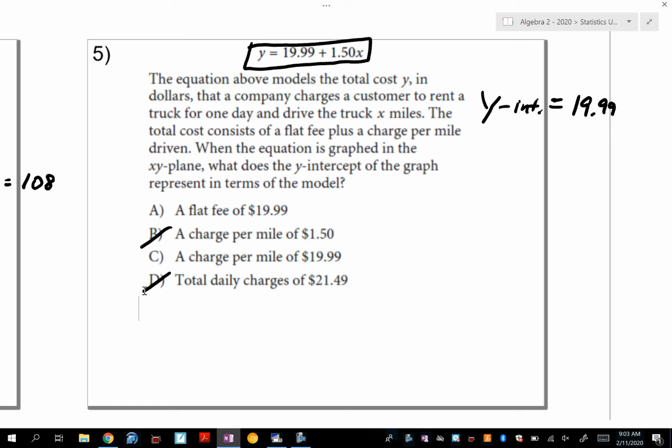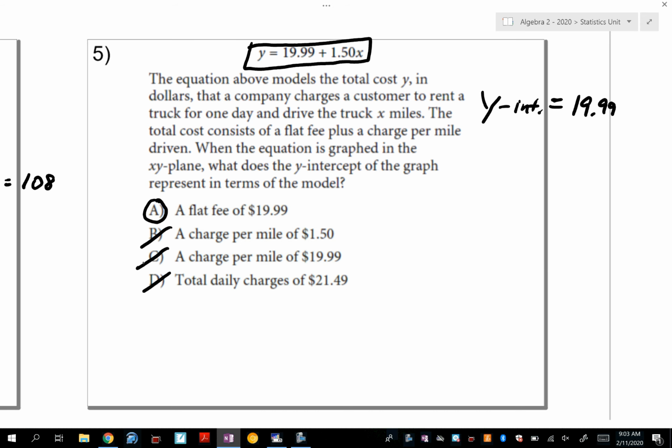So when we look at our answer choices, answer choice A is going to be the answer, right? Because that flat fee has nothing to do with how much they've driven, because they've driven no miles. And in C, a charge per mile of $19.99. Actually, C is talking about the slope, and that would be correct for the slope if it said a charge per mile of $1.50.